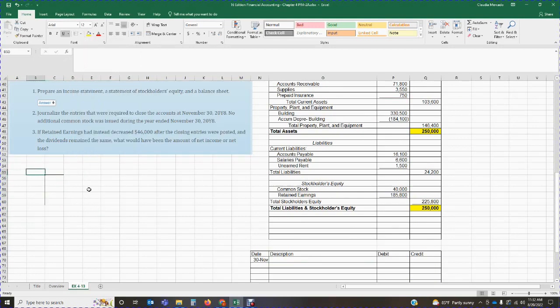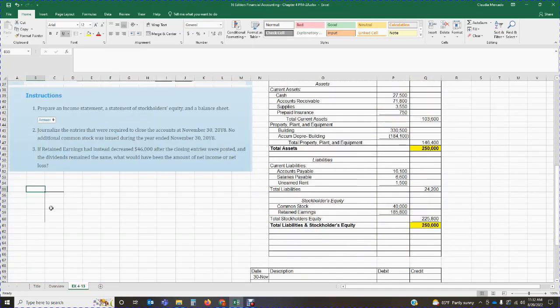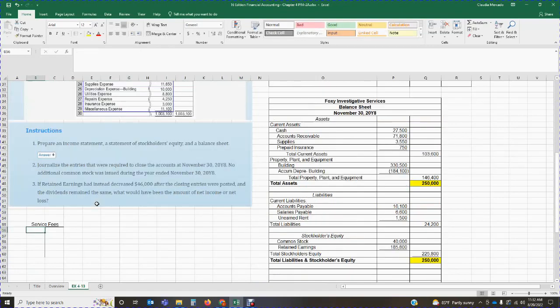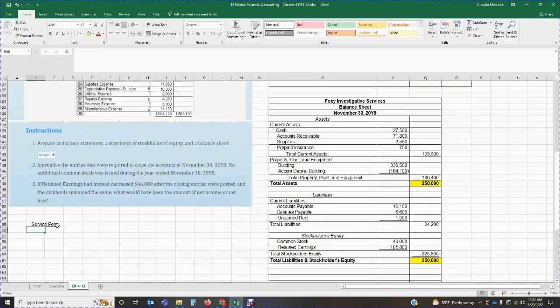Okay? So let's say we're looking at service fees. Service fees has a balance of $675,500 credit.